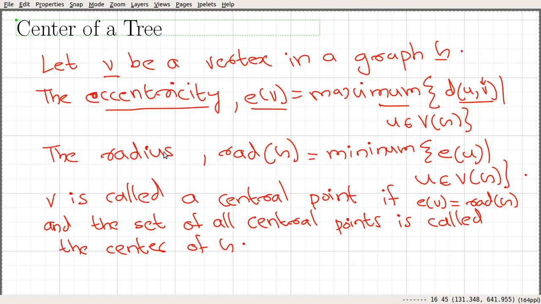Okay, so once we have defined eccentricity, we can define what is called the radius of a graph. So remember, the eccentricity is defined with respect to a particular vertex and the radius is defined with respect to the entire graph. So the radius of the graph is the minimum among all the eccentricities of the vertices in the graph.